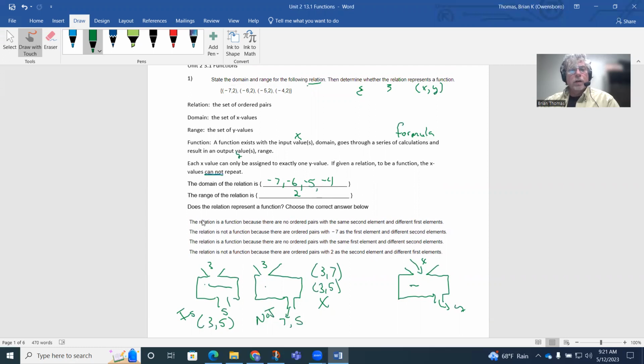It's either got to be the first choice or the third choice. The relation is a function because there are no ordered pairs with the same first element and different second elements. Notice how I do not see the x value repeat. I don't see the same first element and different second elements. So this is a function because no ordered pairs have the same first element and different second elements.